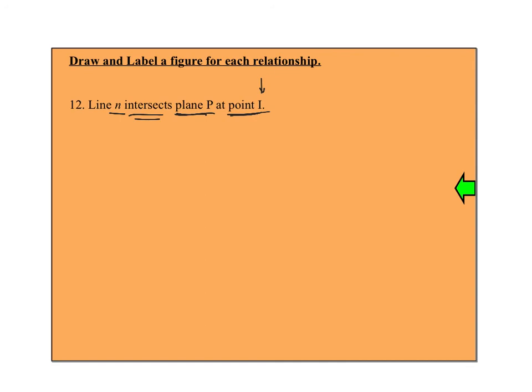So I have this plane, and we call it plane P, and we have this point I, and line N intersects plane P there. From here I would draw something like that, and that's going to be line N. That would be a good example of that.